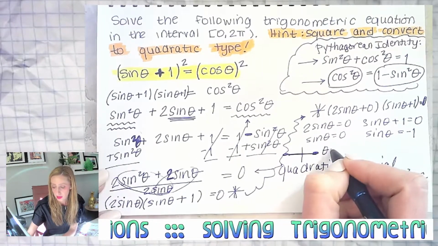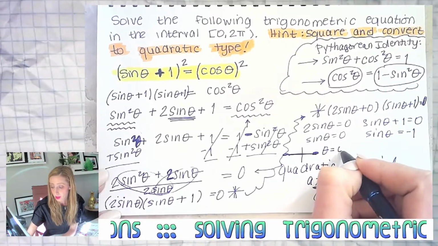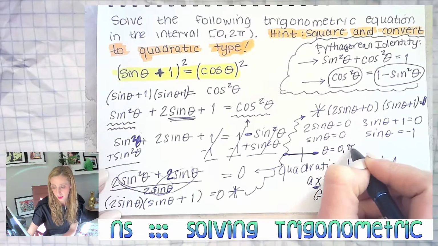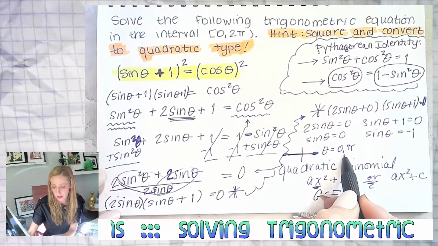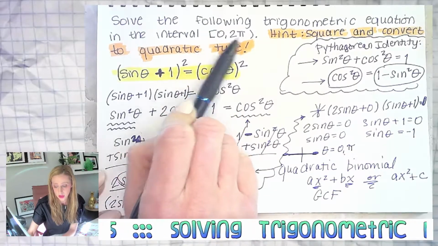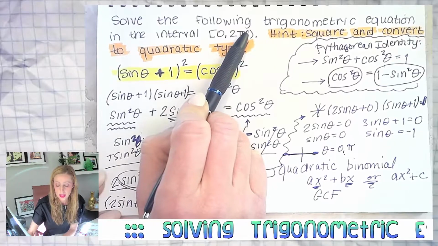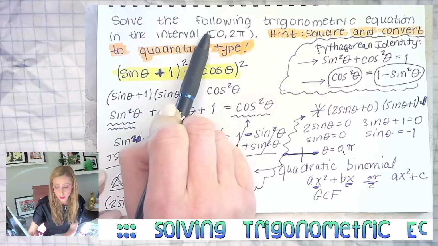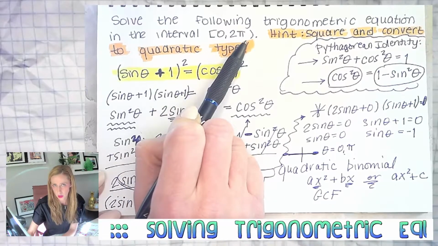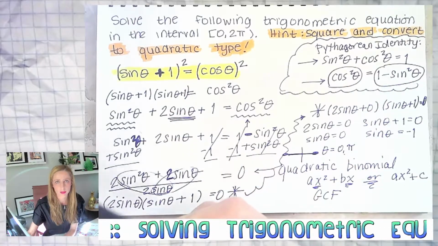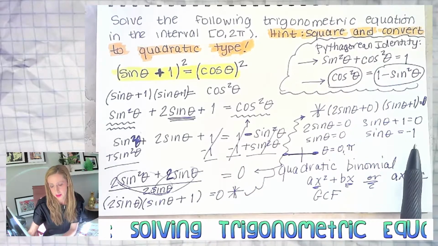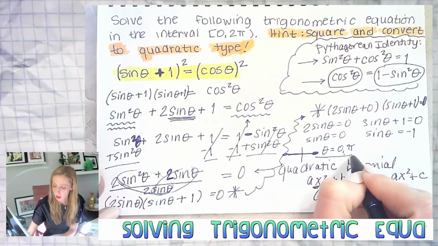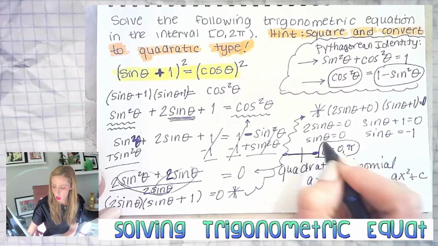So which angles are we going to use? 0 and pi. We don't include 2 pi in this answer because the directions show the interval goes from 0 with 0 included, but doesn't include 2 pi. It just doesn't want to be redundant and repeat the same place, okay? So we have 0 and pi for this part.